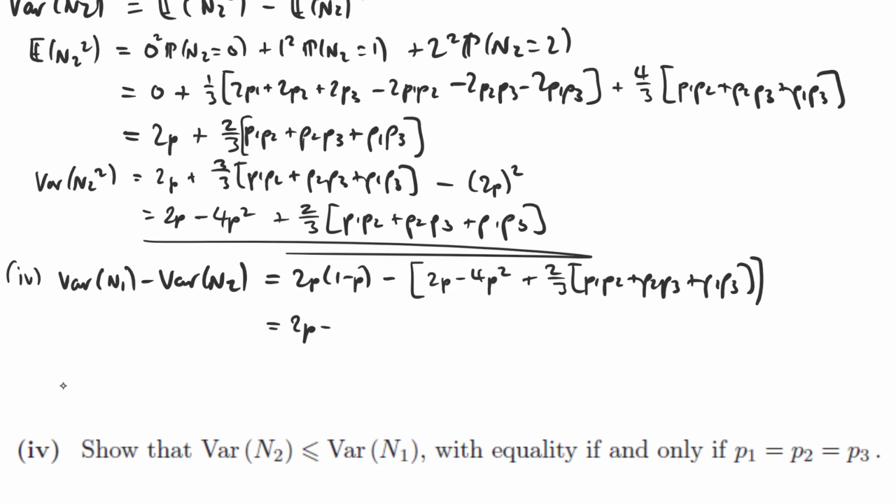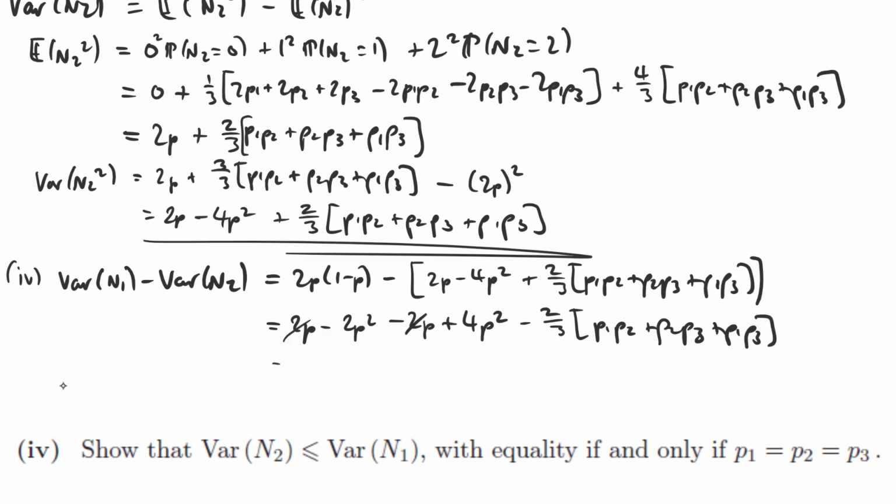So this is 2p minus 2p squared minus 2p plus 4p squared minus 2/3 p1 p2 plus p2 p3 plus p1 p3. So my 2p's cancel out, and I've got here left with 2p squared minus 2/3 p1 p2 plus p2 p3 plus p1 p3.